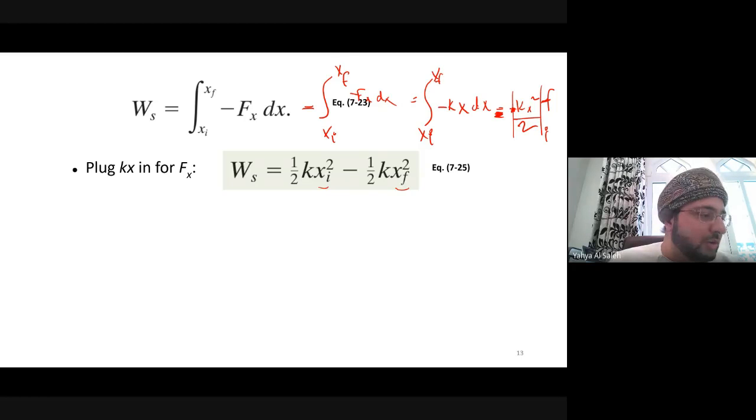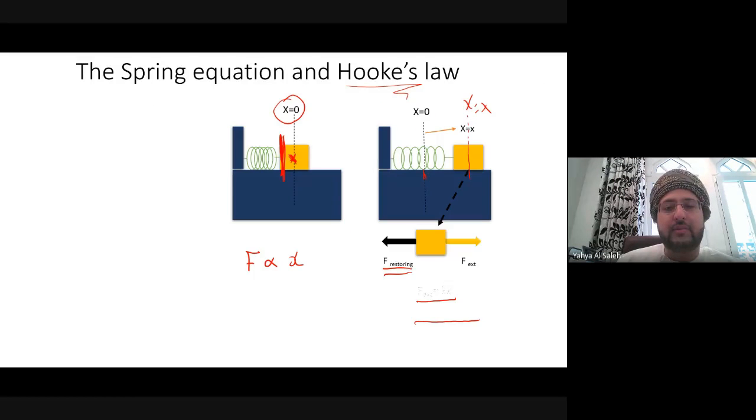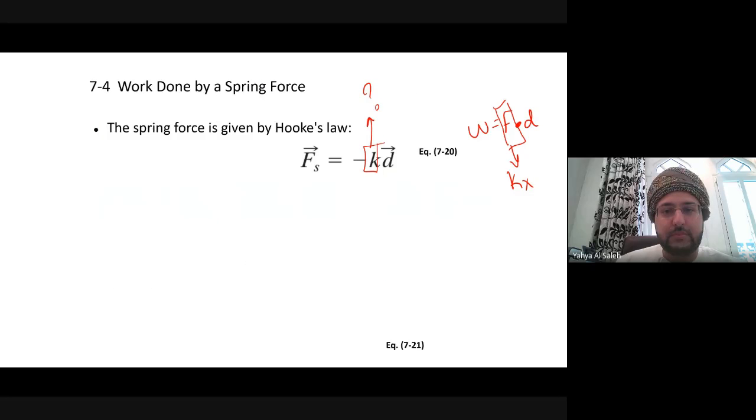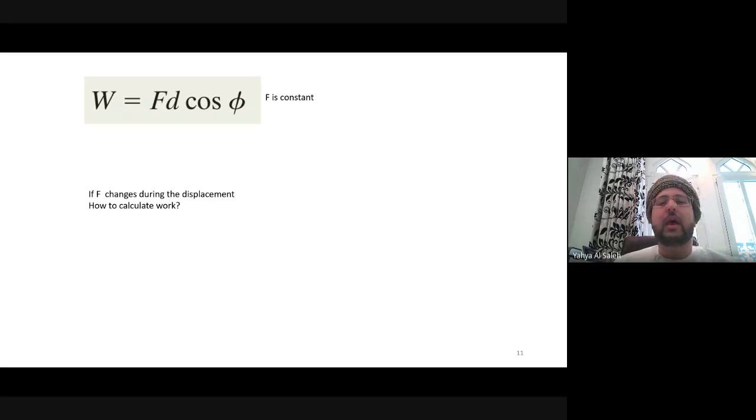Why do we integrate? We integrate because our usual formula is given by W equals Fd cosine theta.